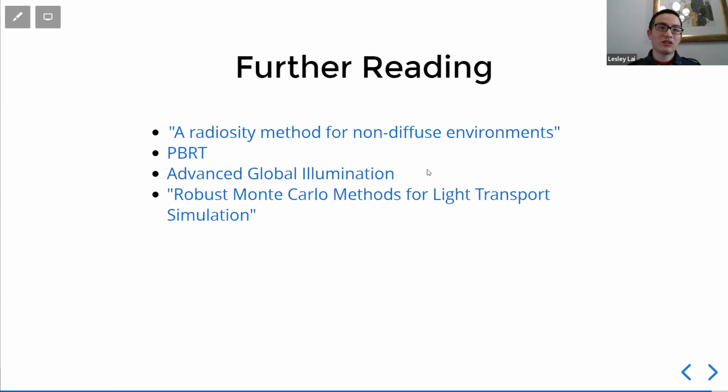It also talks about the rendering equation, but on top of path tracing, it introduced a lot of cool stuff, such as Metropolis light transport. I haven't read this, and I only read part of PBRT and Advanced Global Illumination. So this further reading is also further reading for me too.